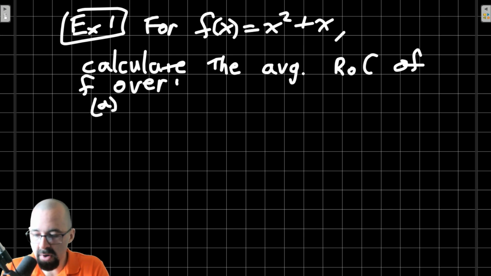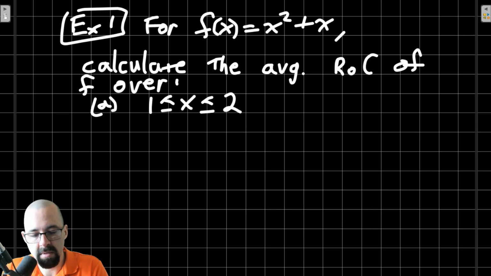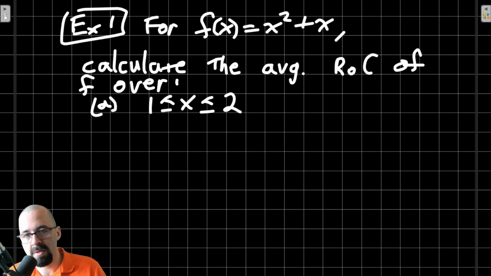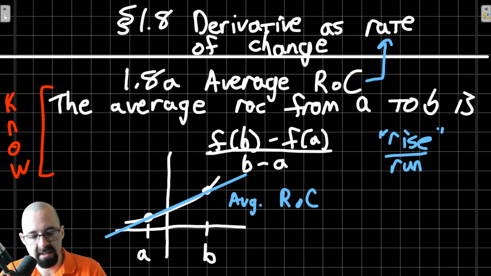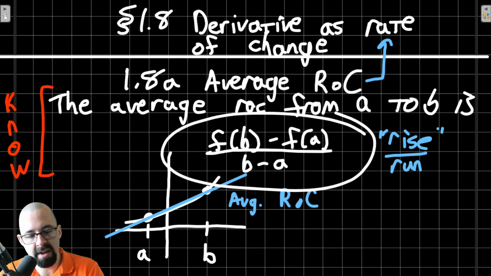All right. Part A is going to be the interval x going from 1 to 2. So we'll find the function value at 2, the function value at 1, take the difference, divide by the x's. We're going to be using this formula right here.